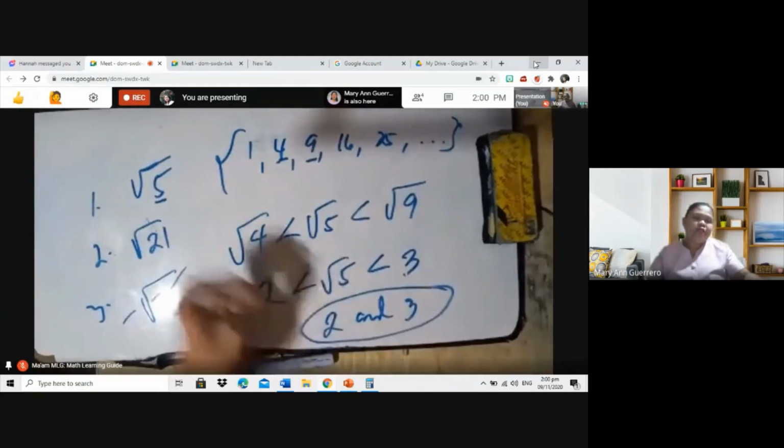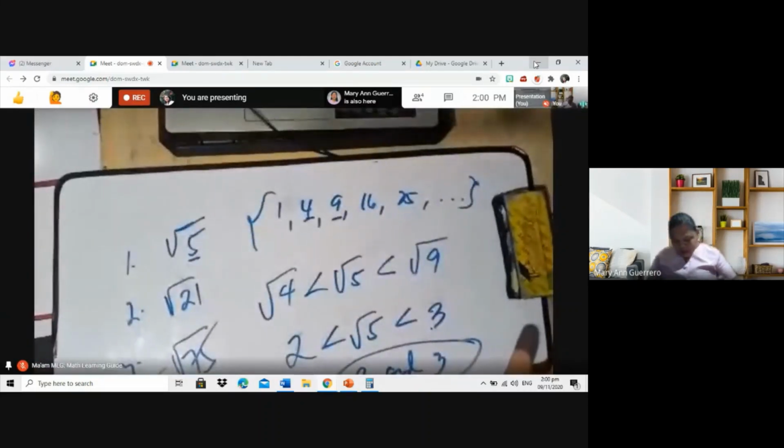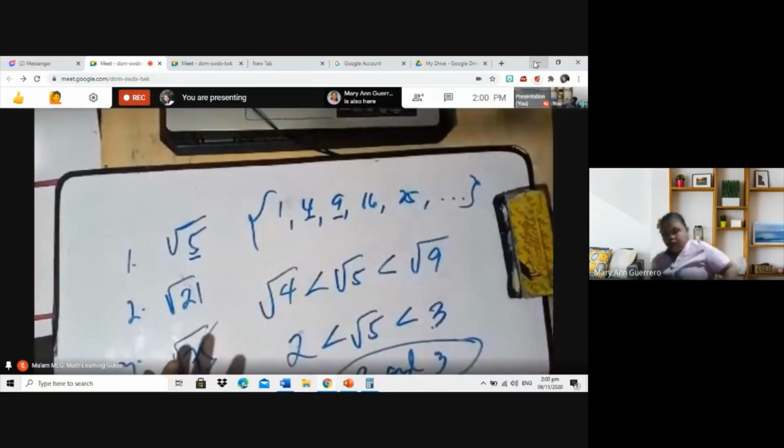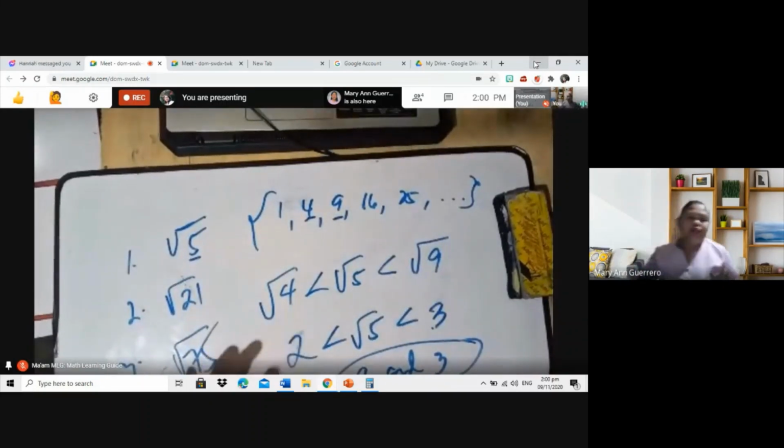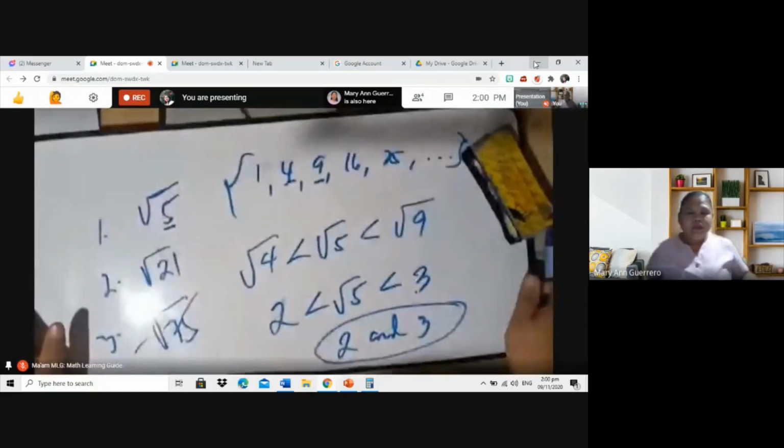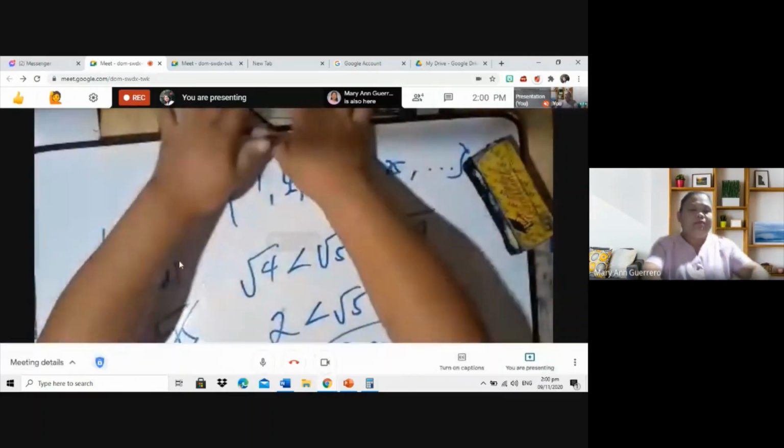Sige. Using the calculator, tingnan natin kung ano yung real value ni square root ni 5.